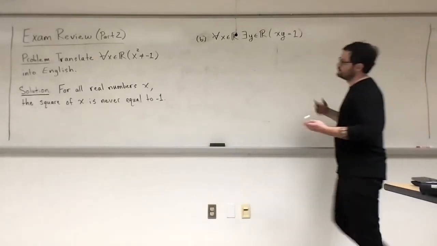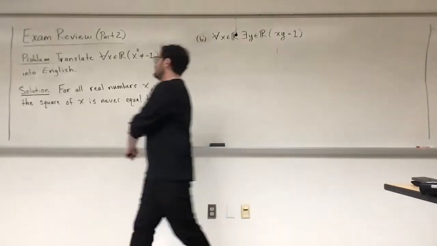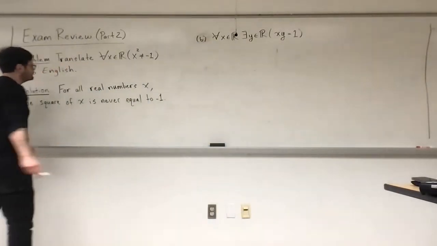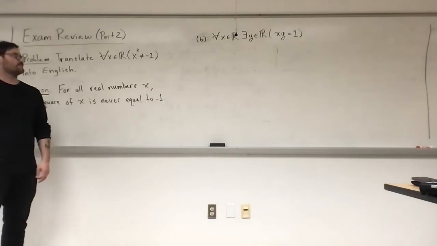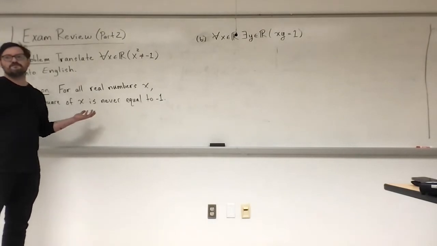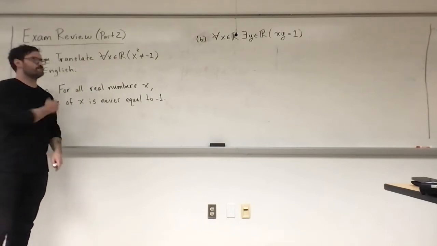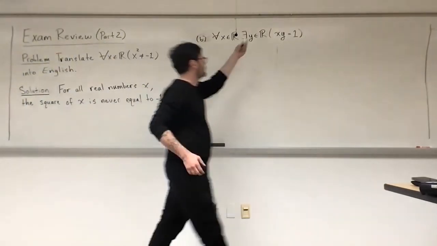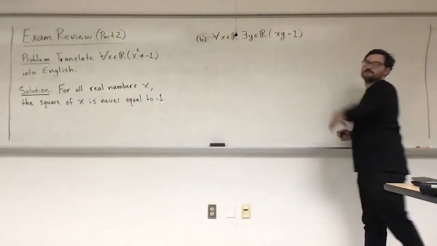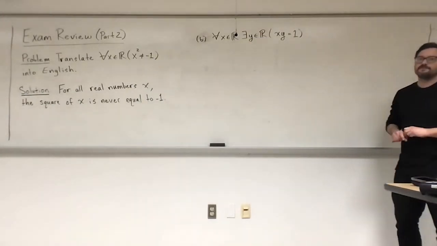So now there's 2 quantifiers, and then maybe I'll also ask you to translate it and give me the truth value. I could easily see that as a question. Like translate it, and then the truth value would be, for this, true. Right? And then here, translate this, and then give me the truth value of it.